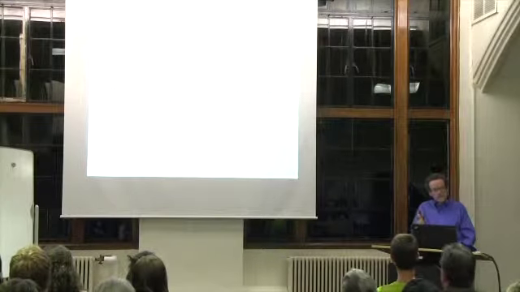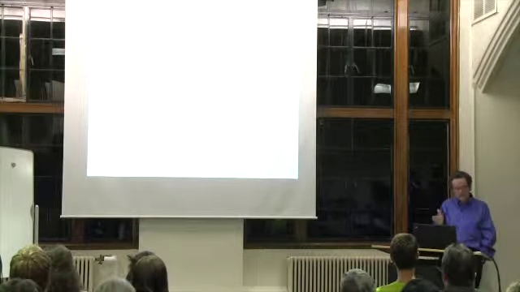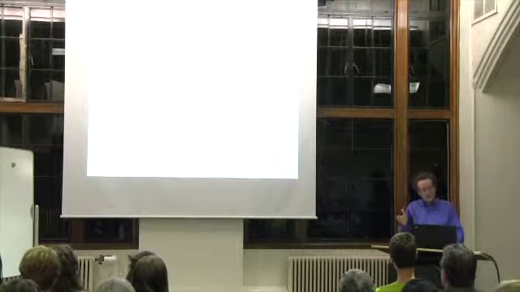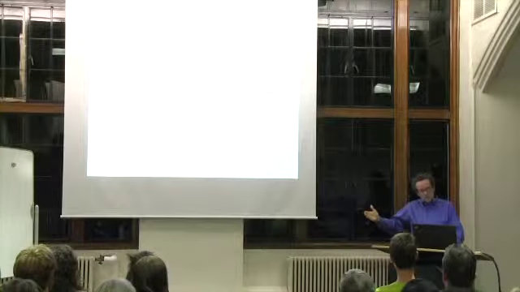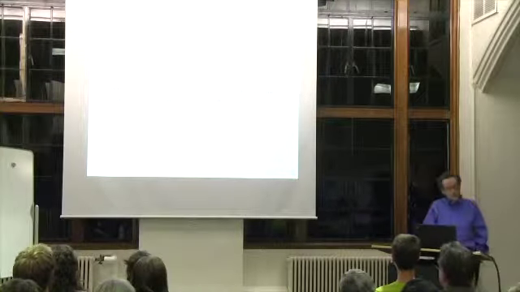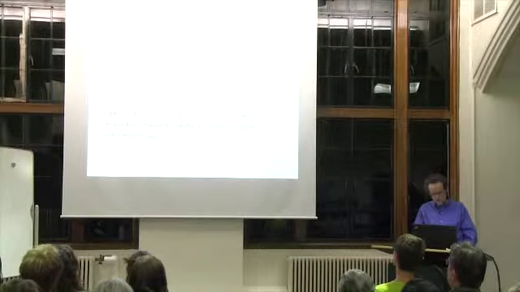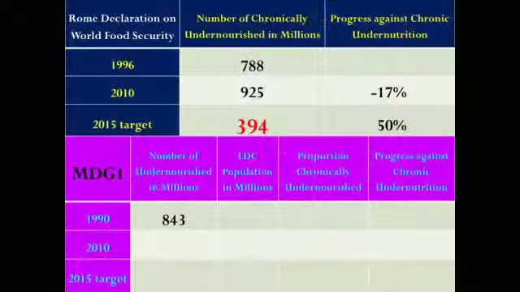So a 3.58% annual reduction that was envisaged at the World Food Summit in Rome was superseded by a 1.37% annual reduction, which is MDG 1. This is the text. And so if you do that in numbers, right, you had 843 is the old number for 1990.